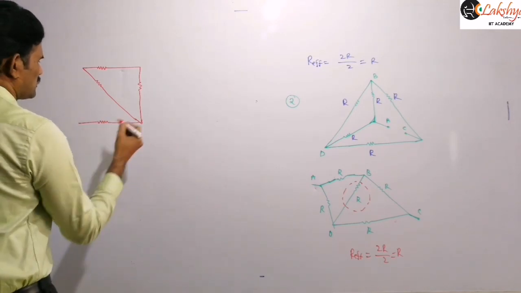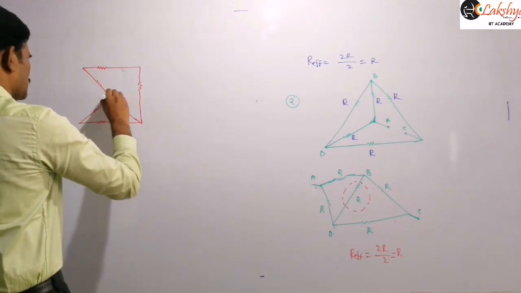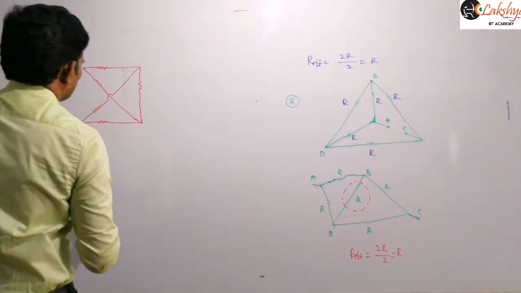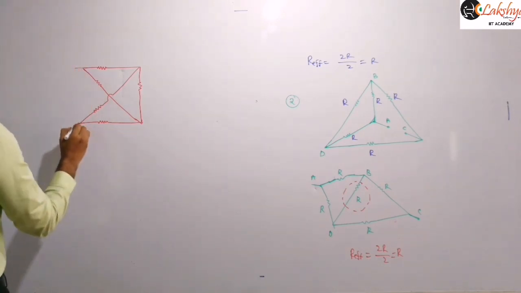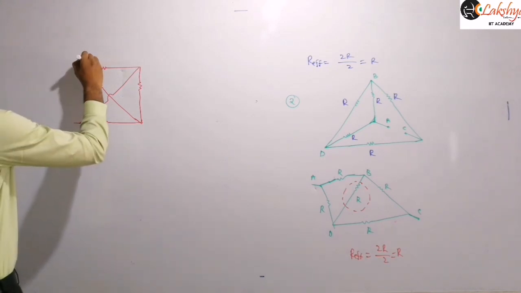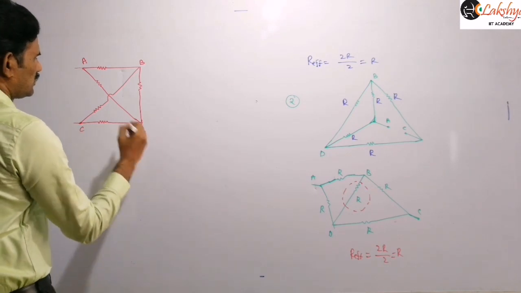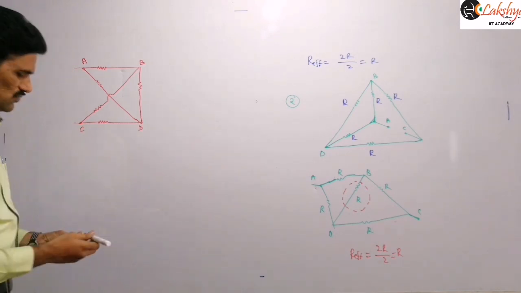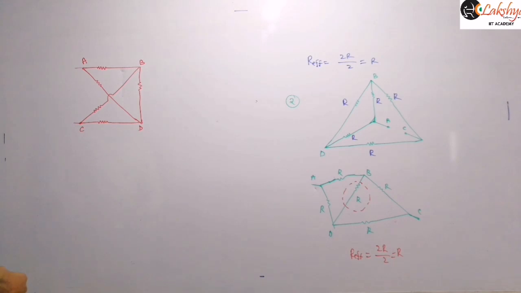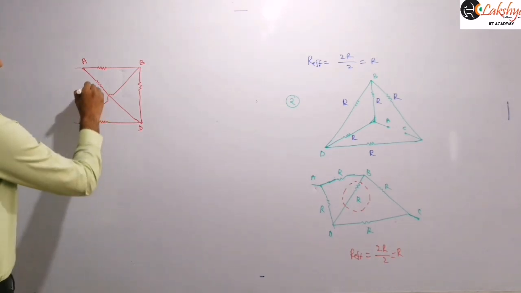Another resistance is there here, and I am connecting another resistance like this, right? Now these are our terminals here. This is A, B, and this is C and D. Let us take all of them as identical, so all the resistors are R.